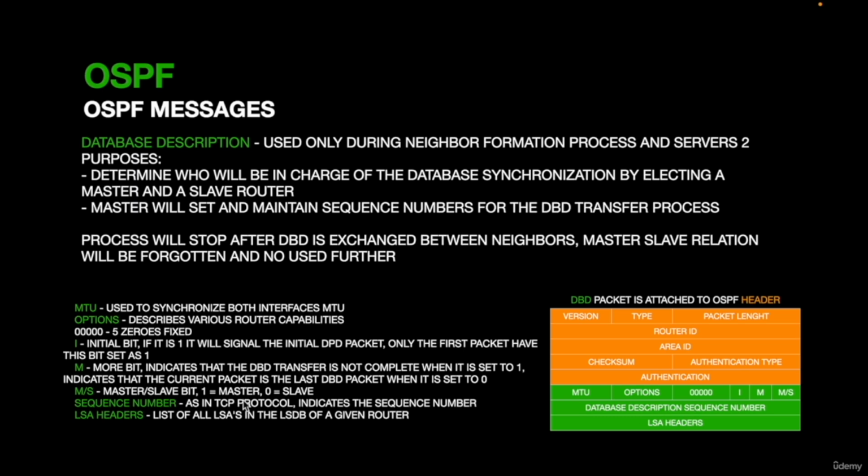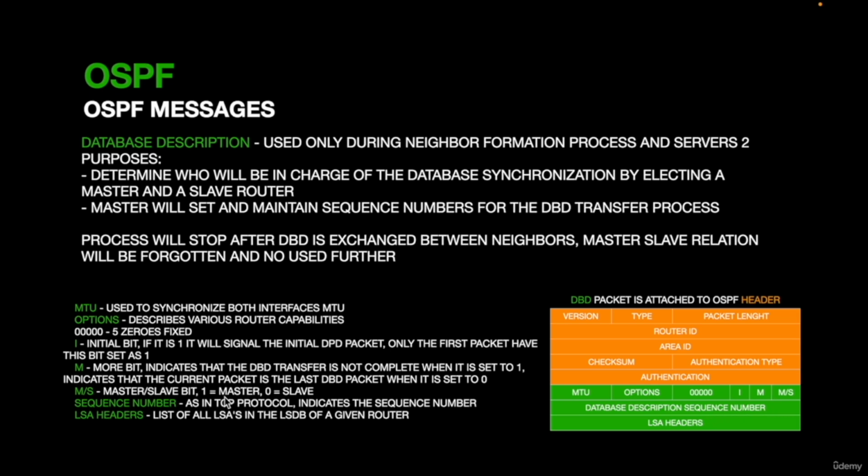M is the more bit, which indicates that the database description transfer is not complete when it is set to 1, and when it is set to 0, it means that the router is sending the last database description packet. We also have the master slave bit. When this bit is set to 1, it means that the router is master.